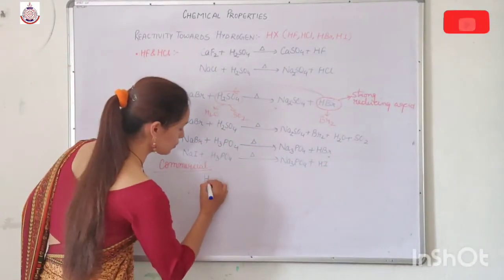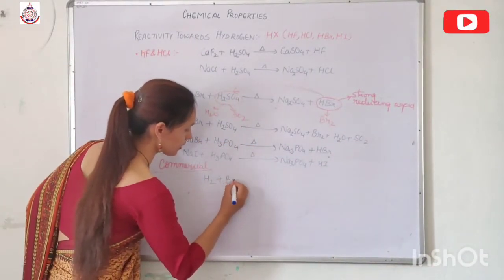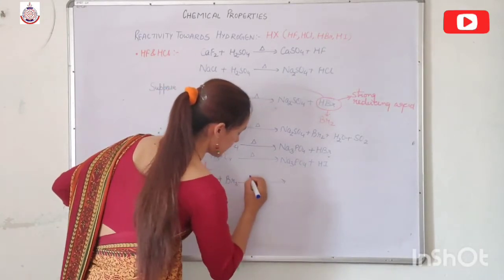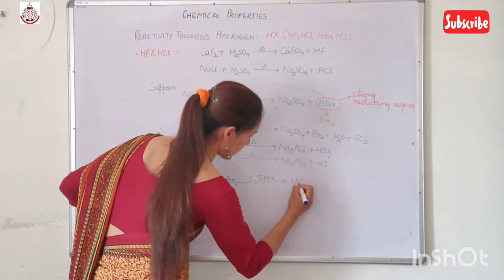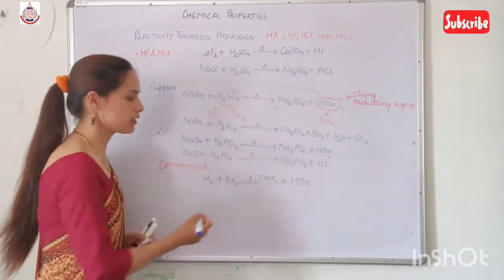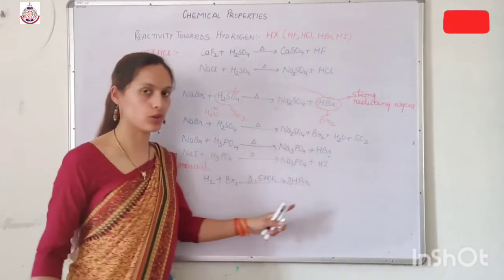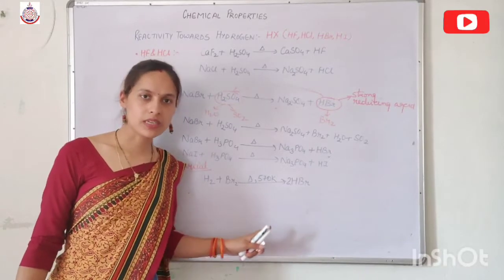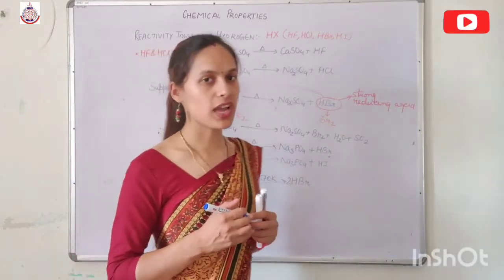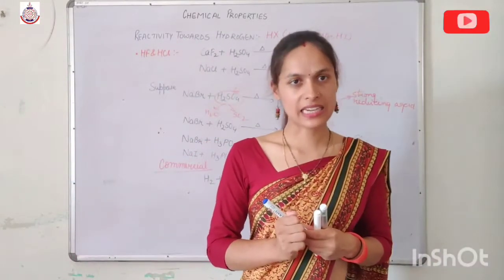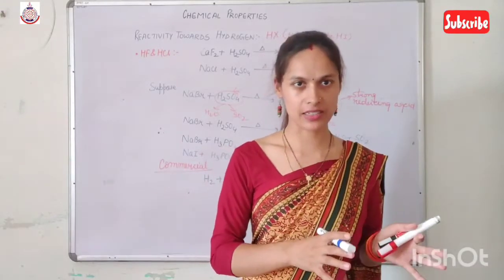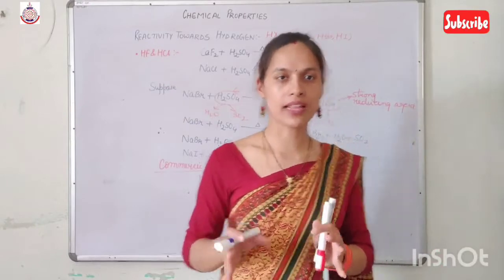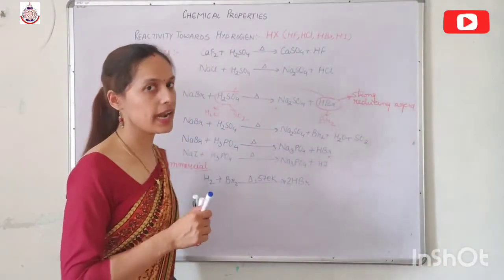So H2 plus Br2 on heating at 570 Kelvin gives HBr. This is the commercial method of the preparation of HBr, and similarly we can prepare HI by heating iodine with either H2S or with hydrazine.